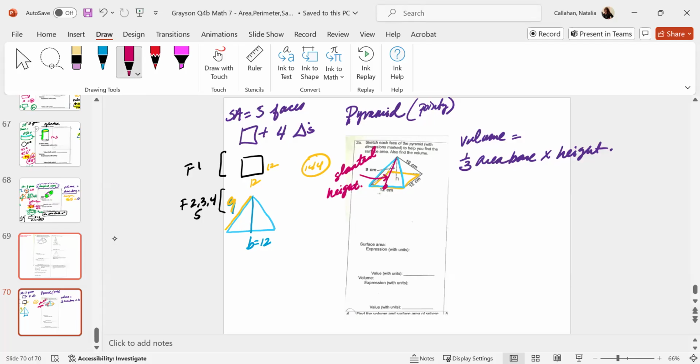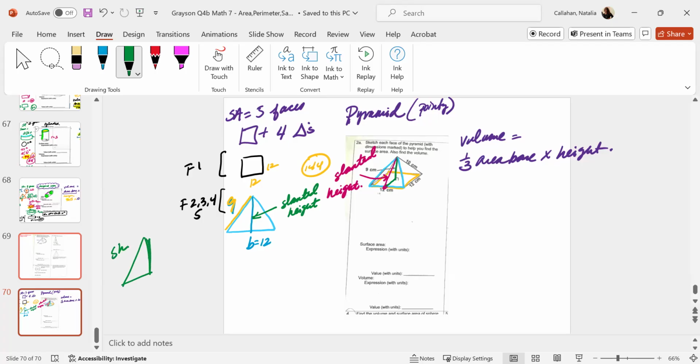And then do you see how, close that up, there's a triangle right there? You see this triangle? To find the slanted height, which is the height right here, this right here is the slanted height. Let's just label it as SH, okay? Slanted height.